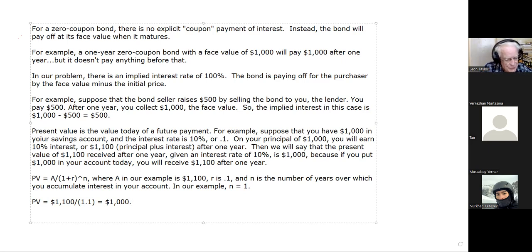Okay, now in question number 1, the interest rate implied is 100%. But be careful in using this in present value. In present value, we express the interest rate as a fraction, not in percentage points.